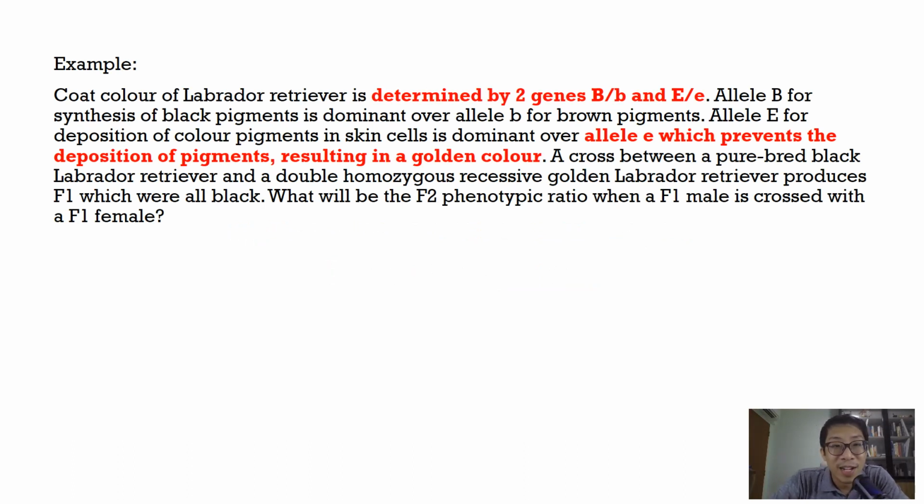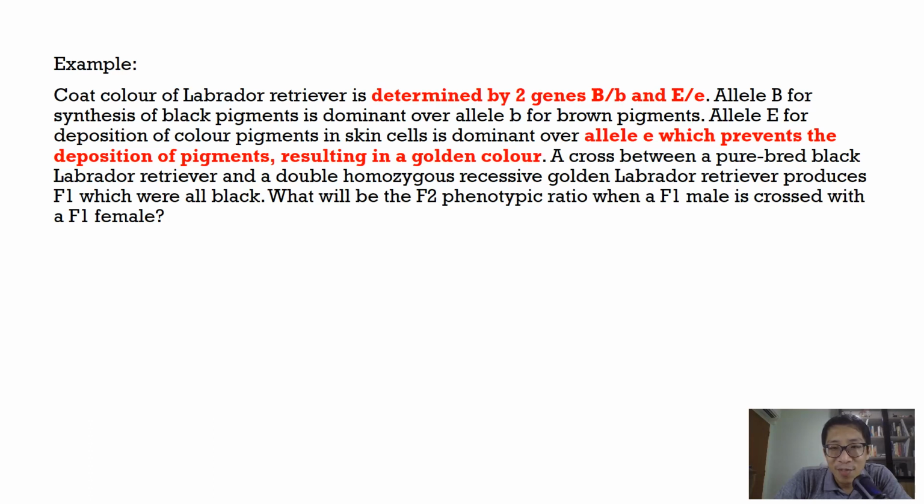Labrador Retriever. So the question very clearly tells you that this one phenotype, coat color, is determined by two genes, B and E. So straight away, gene interaction. For gene B, the dominant allele codes for black, the recessive allele codes for brown, and for gene E, the dominant allele allows the color pigment to be deposited in skin cells, and the recessive allele prevents this deposition of pigments.